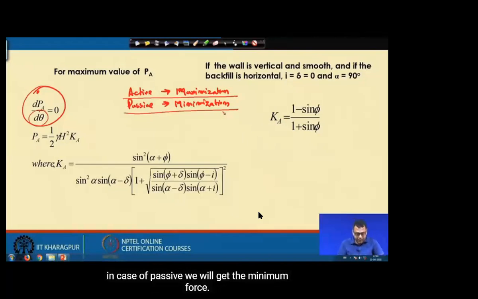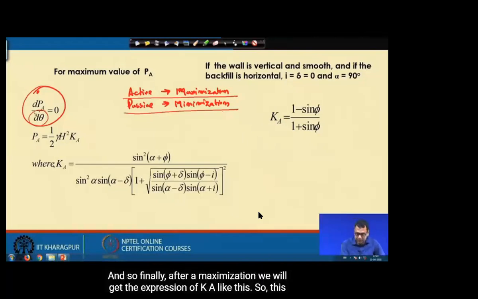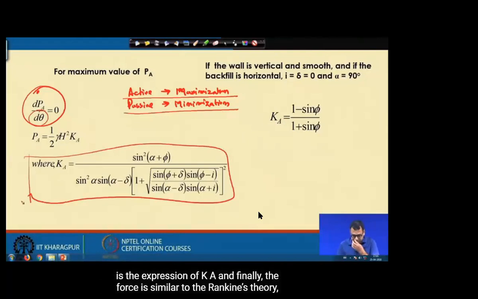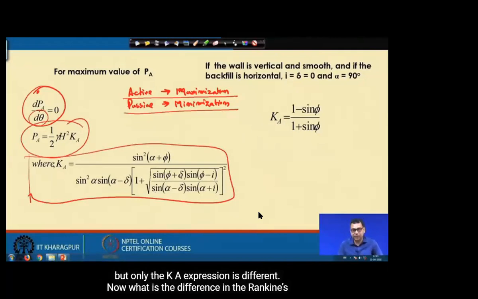Finally, after maximization, we will get the expression of KA like this. The force is similar to Rankine's theory, but only the KA expression is different. Now, what is the difference between Rankine and Coulomb?